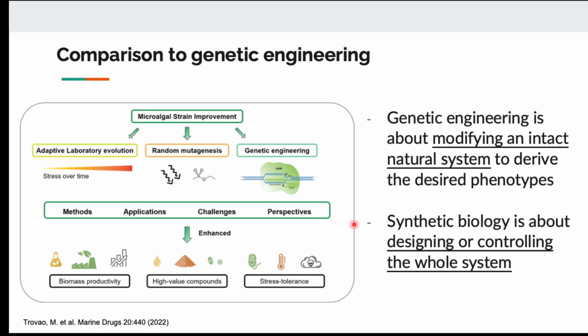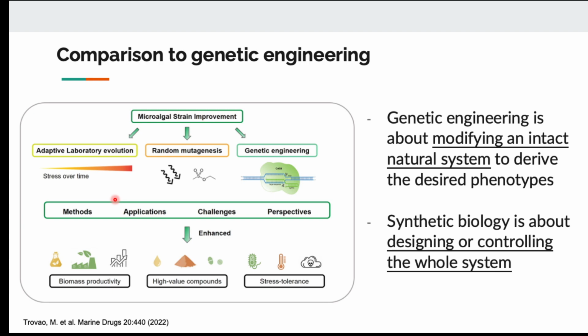You might be familiar with something similar: genetic engineering. The idea of genetic engineering is that you might induce mutations in bacteria or viruses in the lab and measure their phenotype, like their resistance to antibiotic drugs.